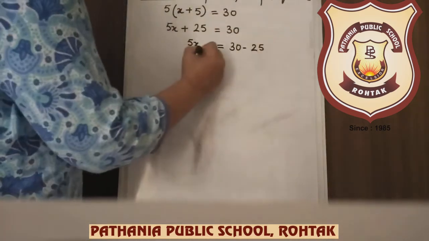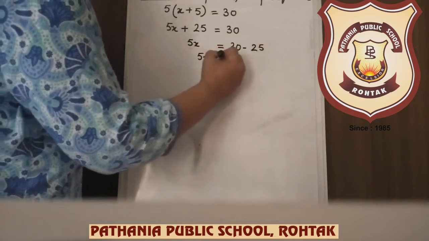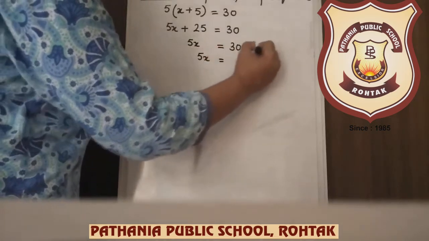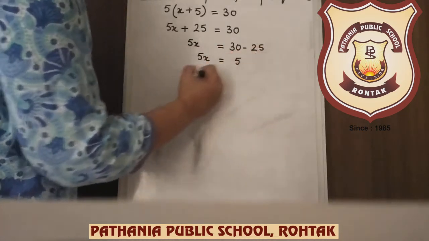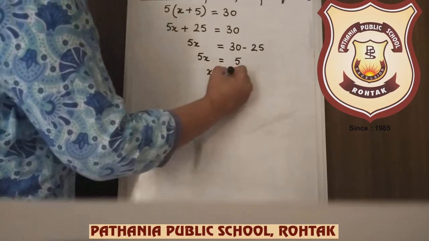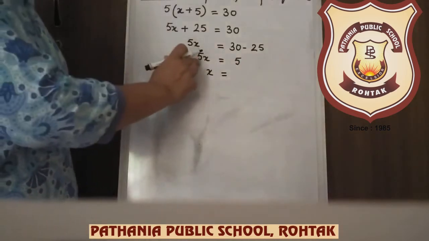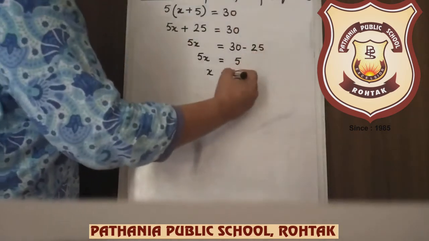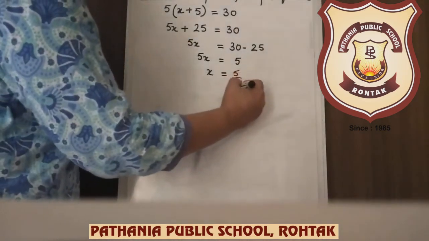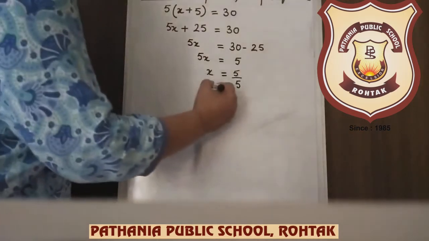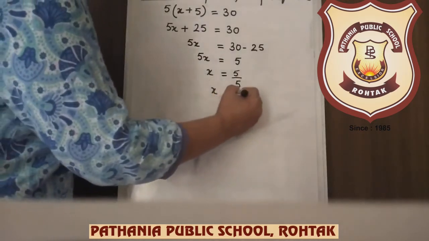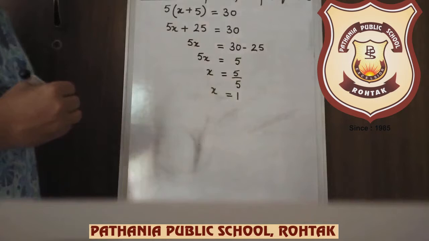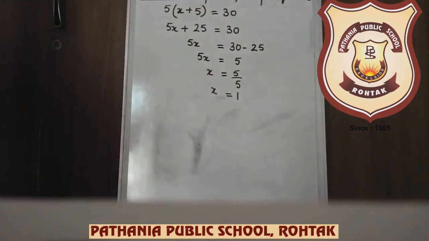So 5x is equal to 30 minus 25, which is 5. Now 5 is multiplied with x, so when you take it to the right hand side, it will divide. So this will become 1. So the value of x is 1.